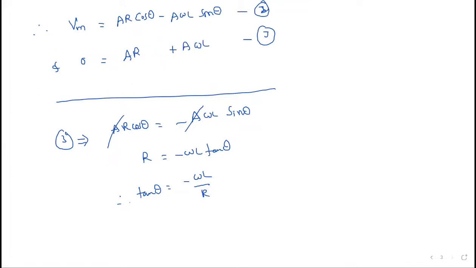AR cos theta into this is sin theta. Is it correct? Yes, sir. It's correct, sir.